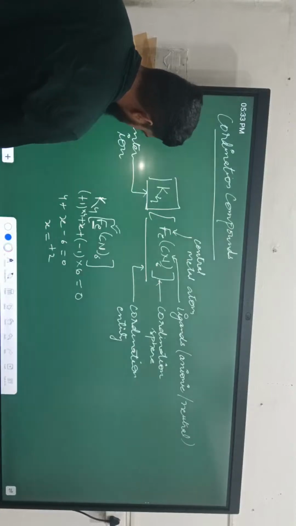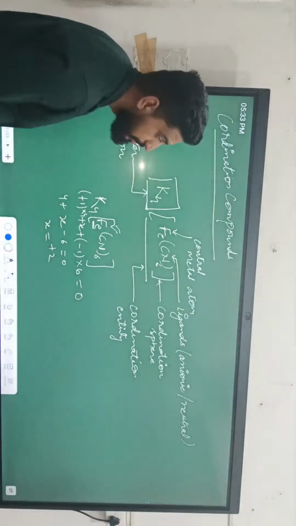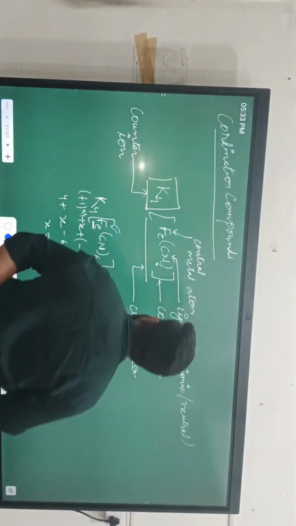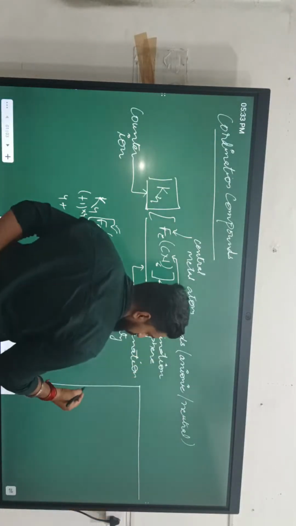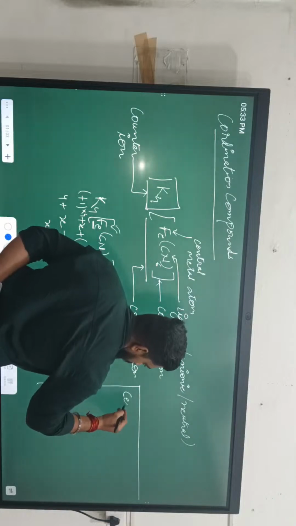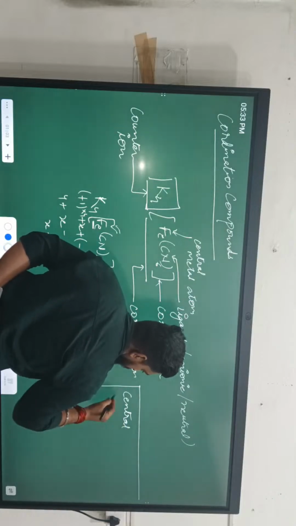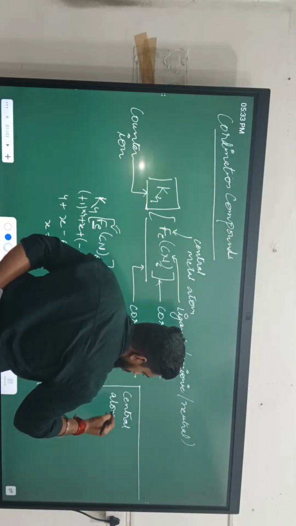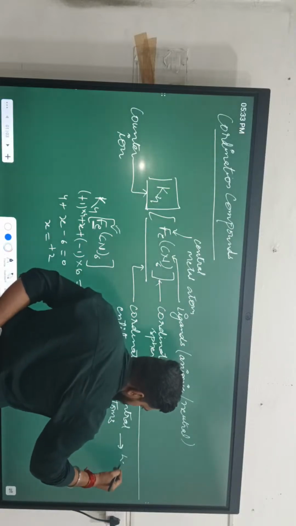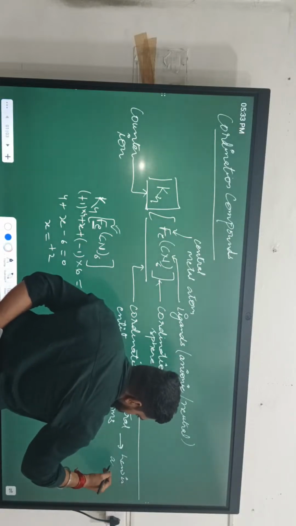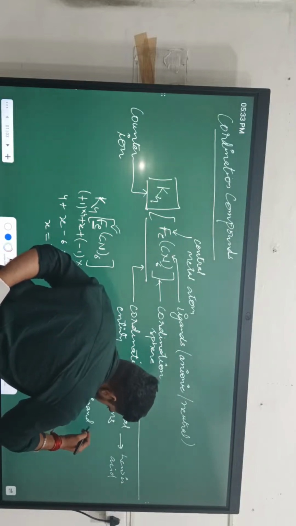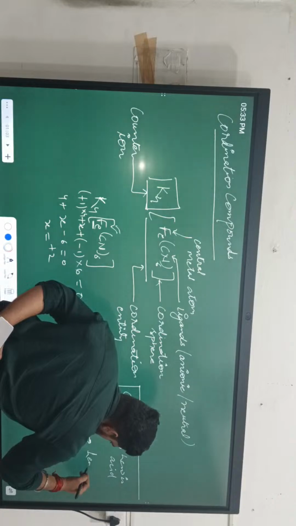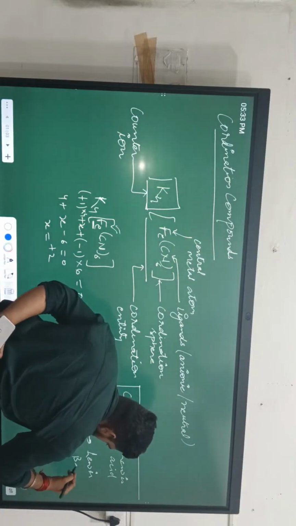See here, one more important point to be noted, that central atoms are known as Lewis acid, whereas ligands are called Lewis base.